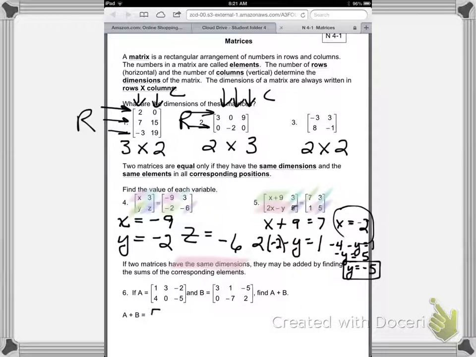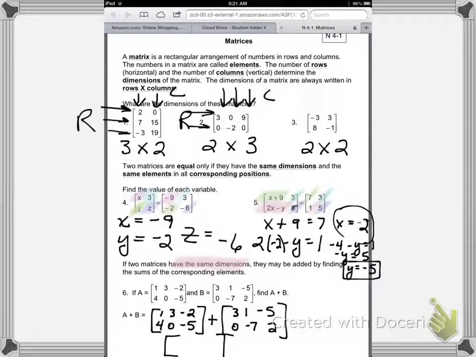Matrix A, you put that in, and it's 1, 3, negative 2, 4, 0, negative 5. And I want to add that to matrix B, which is 3, 1, negative 5, 0, negative 7, 2. And so the answer matrix, you just add the corresponding elements. 1 plus 3 is 4.